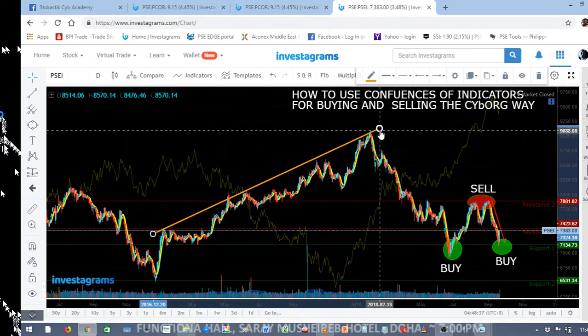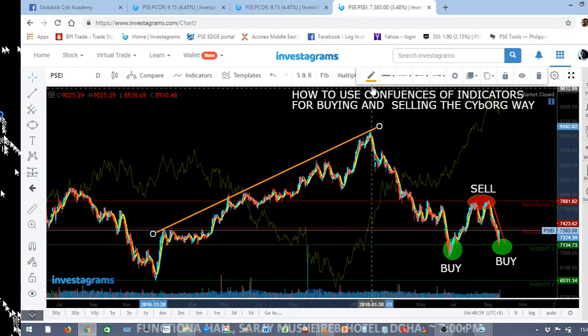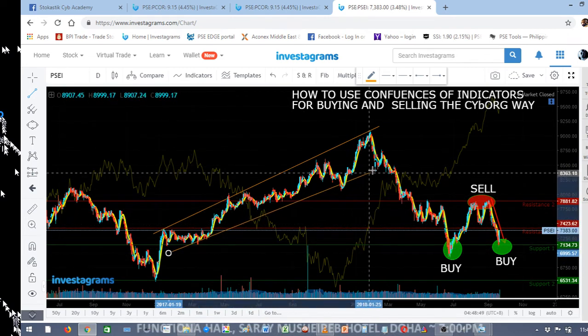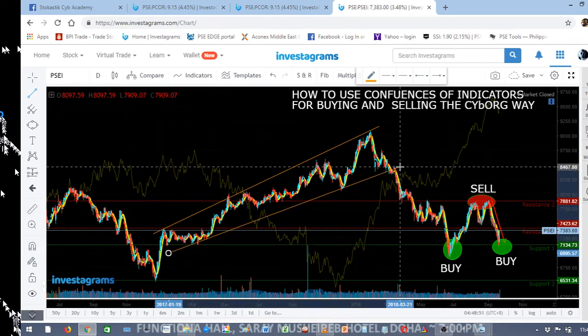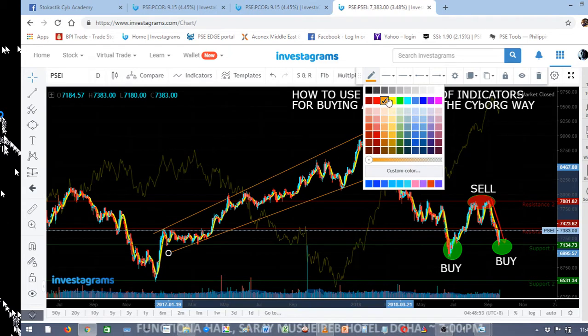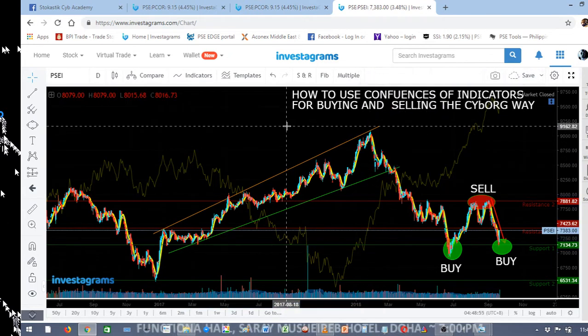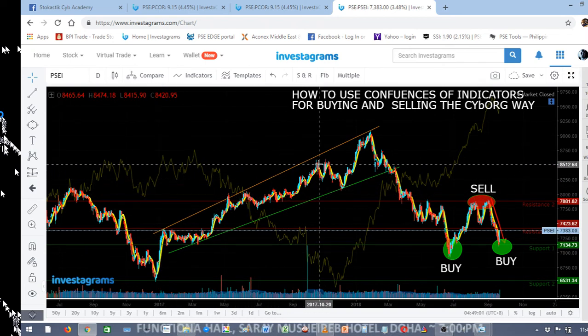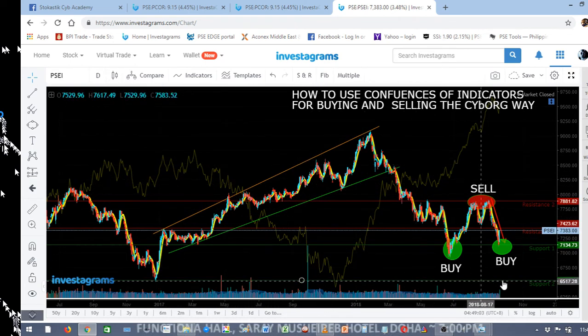I'm gonna color it orange and make it a thin one, and for the support level of this particular stock, I'm gonna use green color.